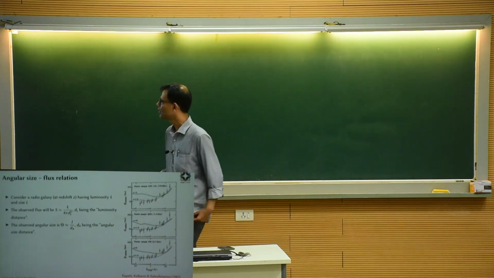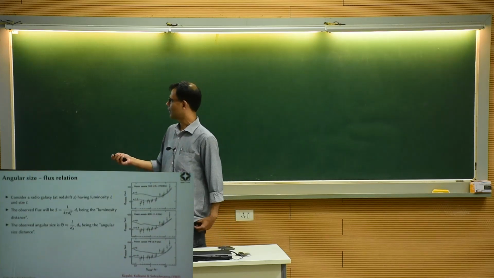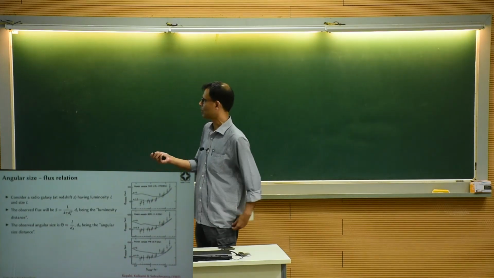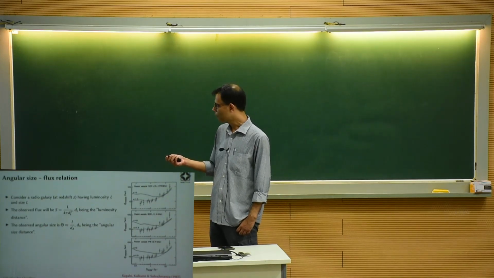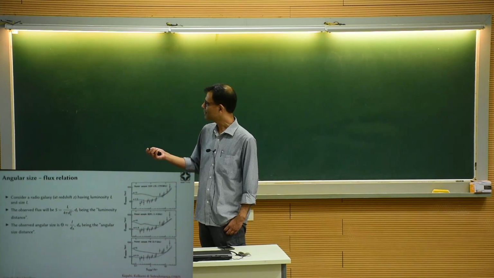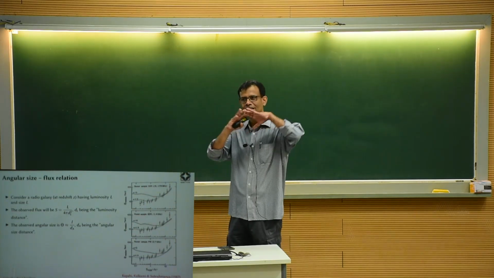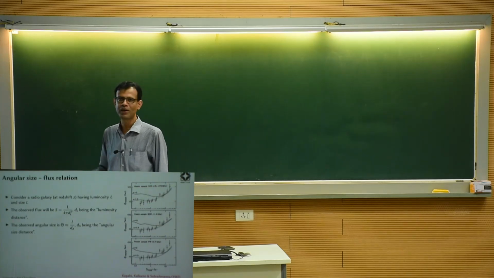Now, there will also be an observed angular size of this object. That is called theta. That will be l divided by, again, a distance. This distance is not the same as that distance. In a non-expanding Euclidean universe, these two distances would be identical.